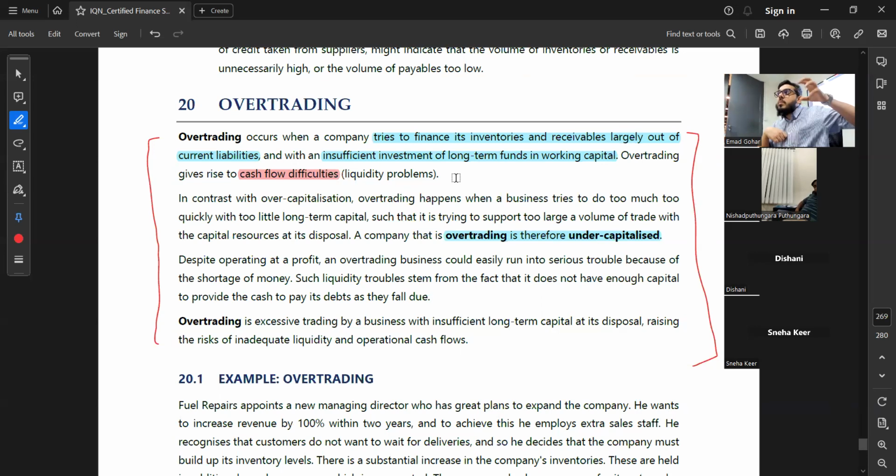Why? Because you didn't put enough money as cash or bank, rather than relying on, not the liability, my friends, on customers. Who will pay you? Who will give me the money? The customer.